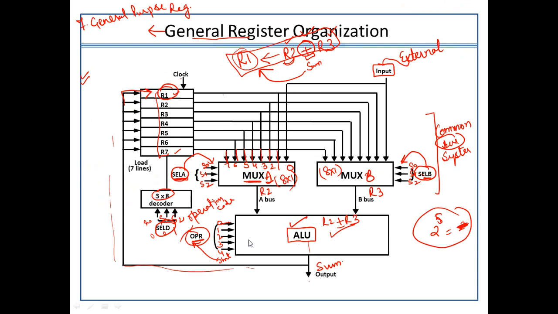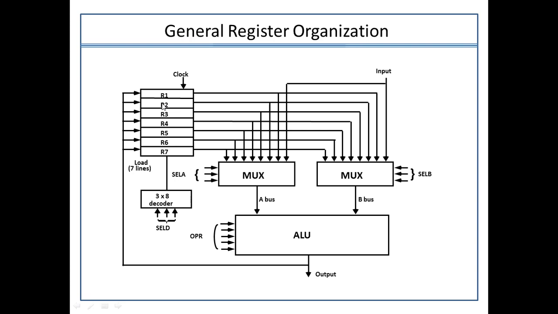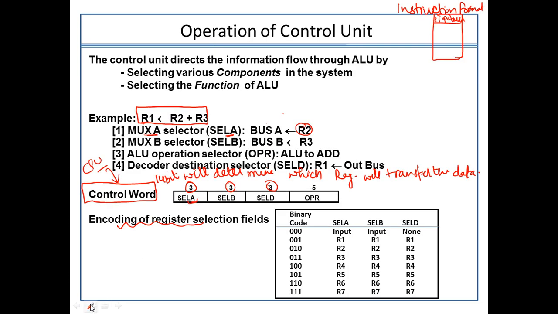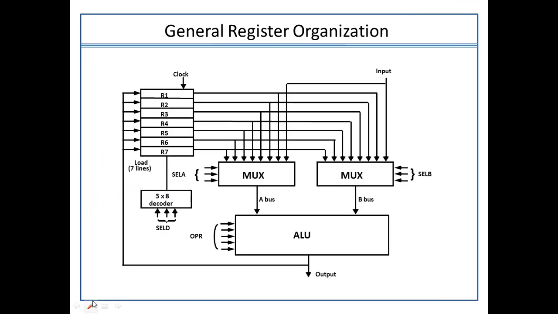If you look at this diagram thoroughly, there are only 7 registers, R1 to R7. If the binary code is 000, it means some external input will be taken from either selection line A or B. Why so? Because this particular input is present at the zeroth position. This is what I was explaining earlier.